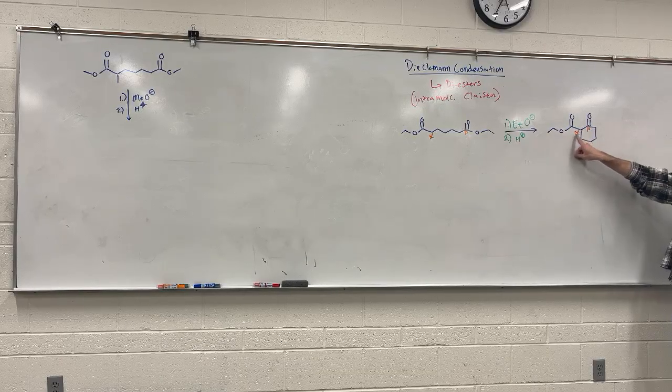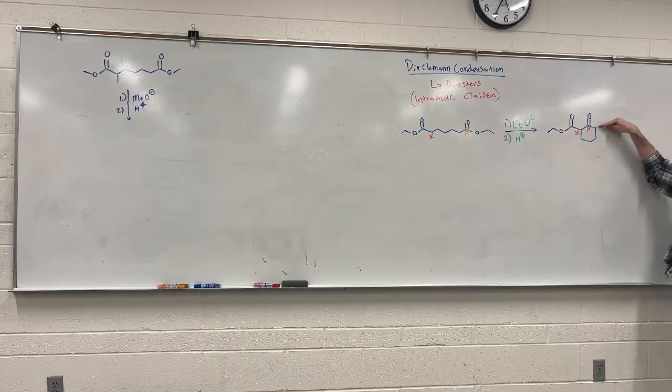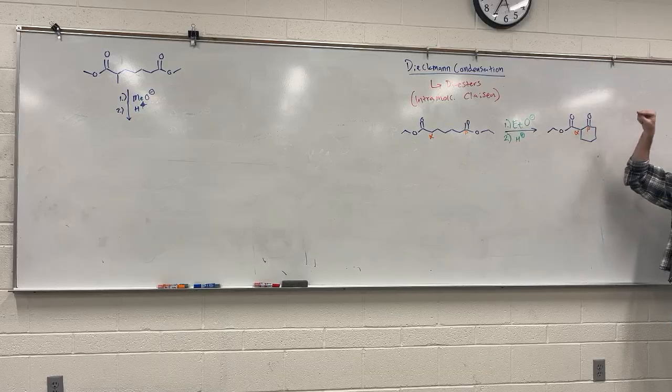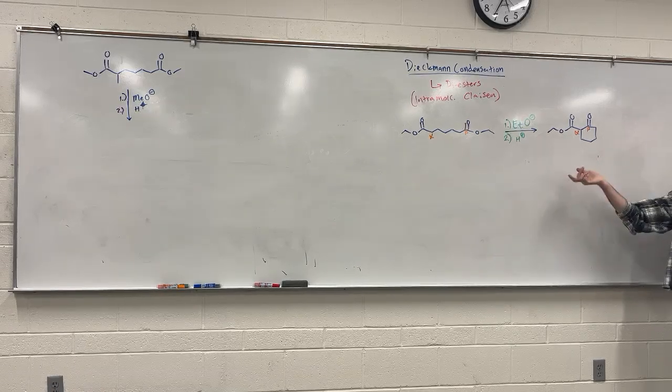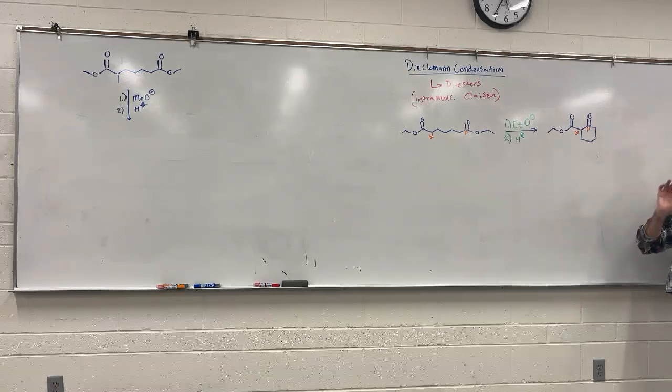One of them will leave the methyl group at this alpha position inside the ring. What I want you to determine is which condensation product, which Dieckmann product, is the only one isolated.